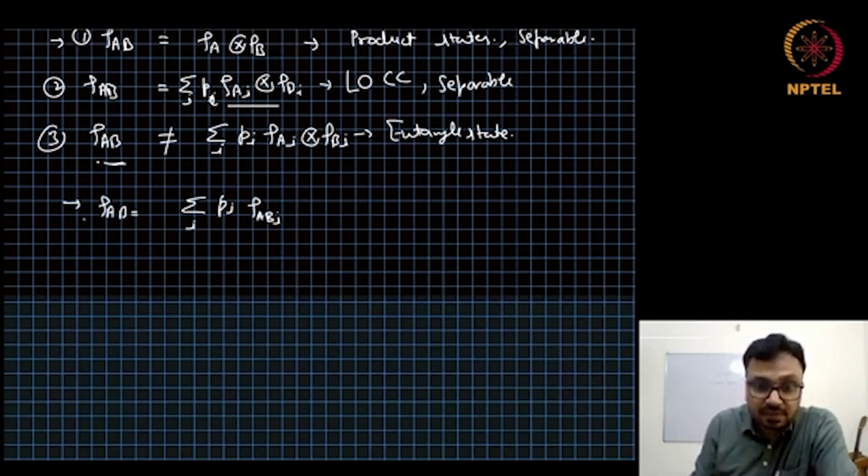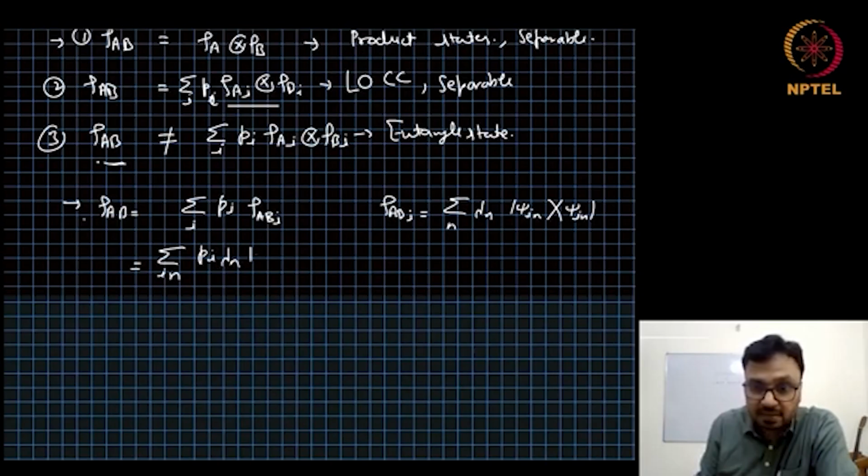And let us say rho_ABi can also further be written as a sum over n of lambda_n psi_in psi_in. So combining these two, we get a sum over i, sum over n, p_i lambda_n psi_in psi_in, or a sum over m of q_m psi_m.